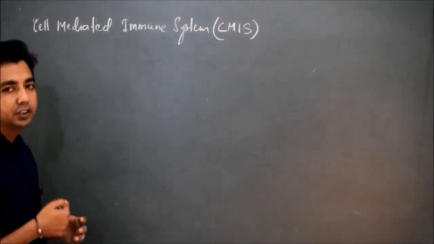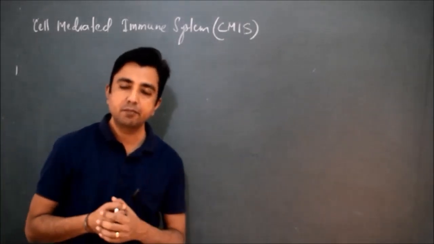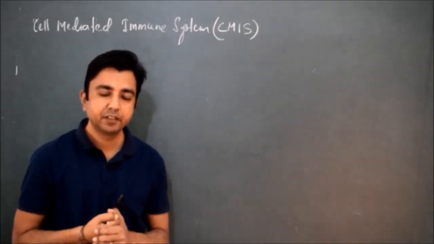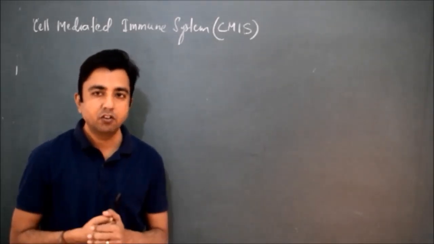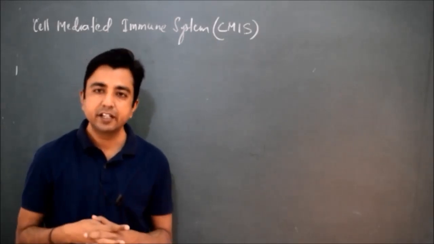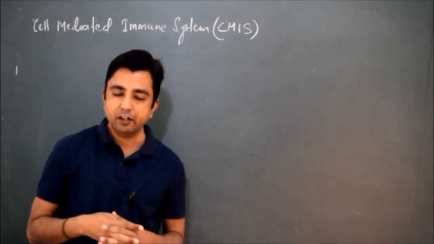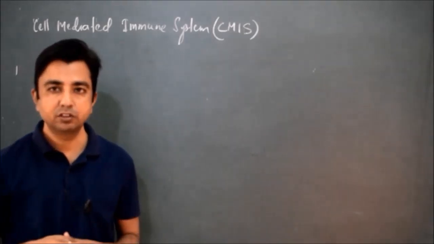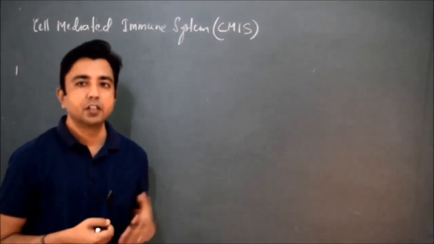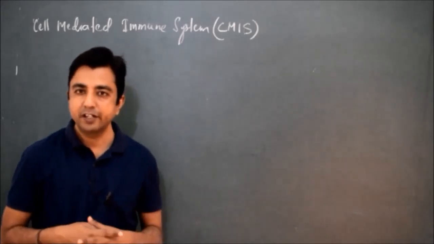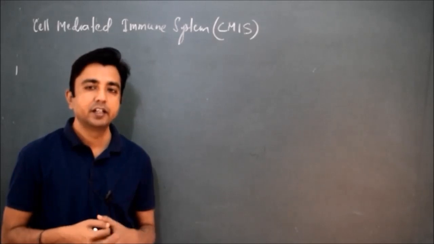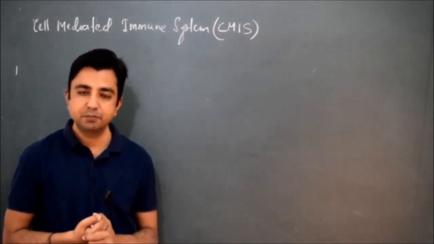Again, when a pathogen, this time we are taking an example of a virus, enters into the body, it will first encounter the antigen presenting cells, for example a macrophage. That is common in both humoral immunity as well as cell-mediated immunity, because any pathogen that enters the body will encounter the antigen presenting cells only.